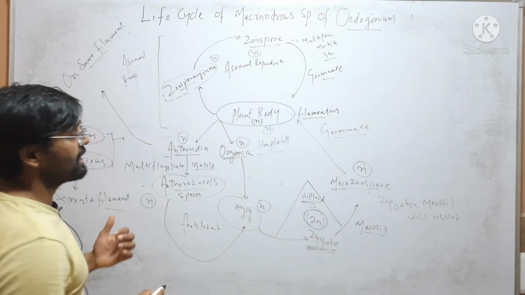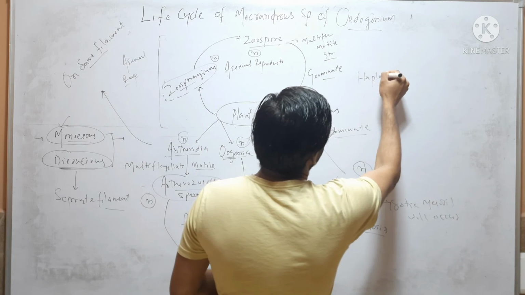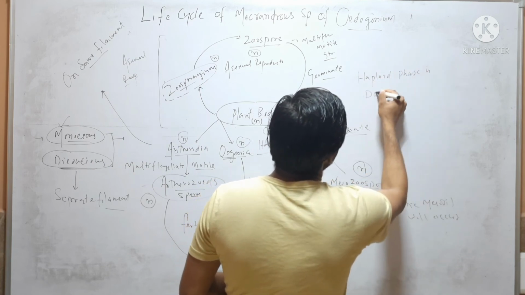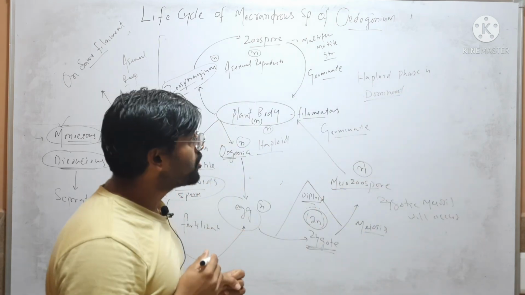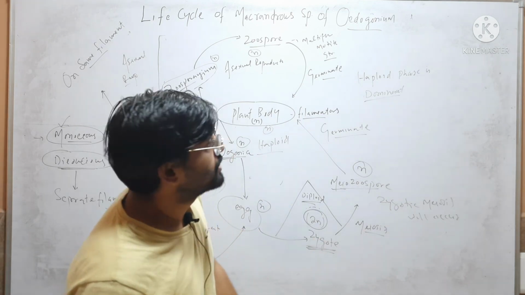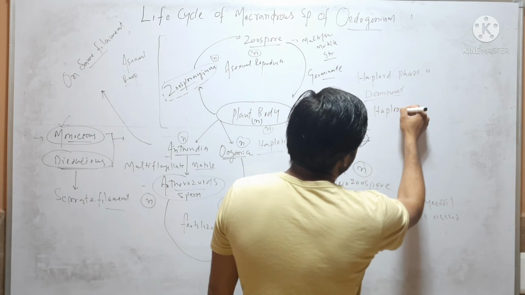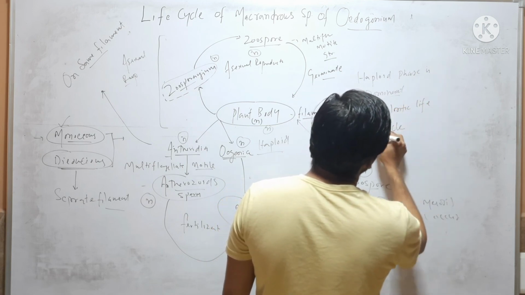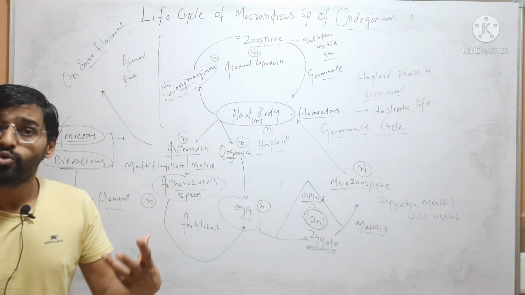So in this life cycle, the haploid phase is dominant, and the diploid phase is represented by only the zygote. So this type of life cycle is called a haplontic life cycle. This is the life cycle of Macrandrous species of Oedogonium.